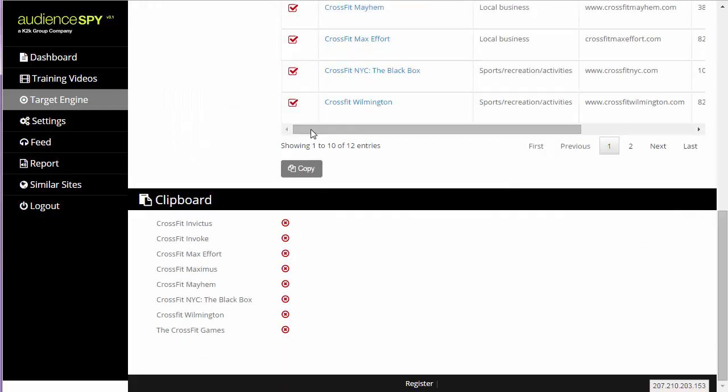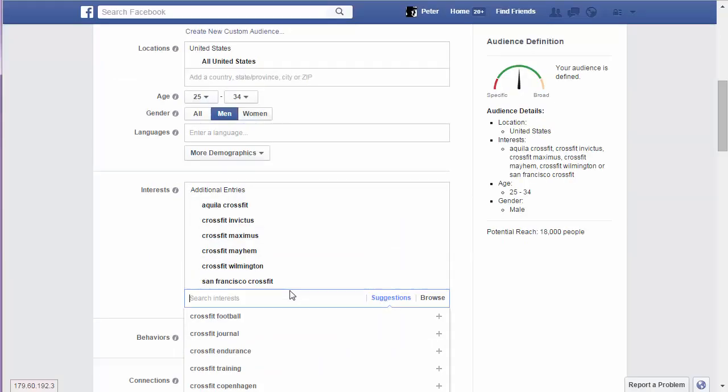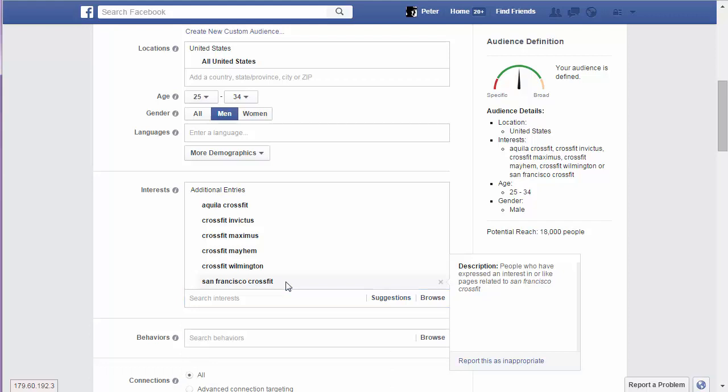So let me just do that again. There we go, so they're the ones we're interested in. Oh, San Francisco, that's weird. San Francisco CrossFit is one of the ones that Facebook are tracking, but isn't particularly active. So I'd be tempted to take that out.